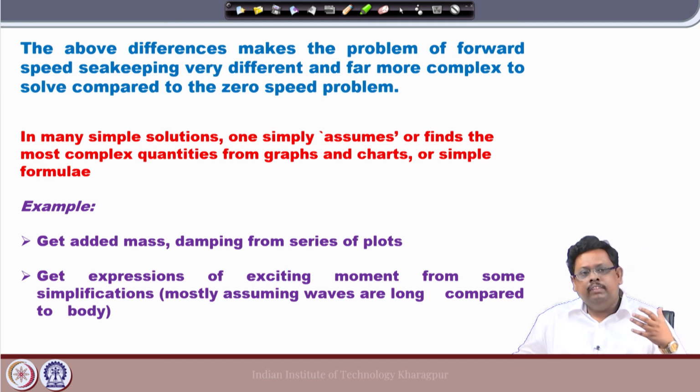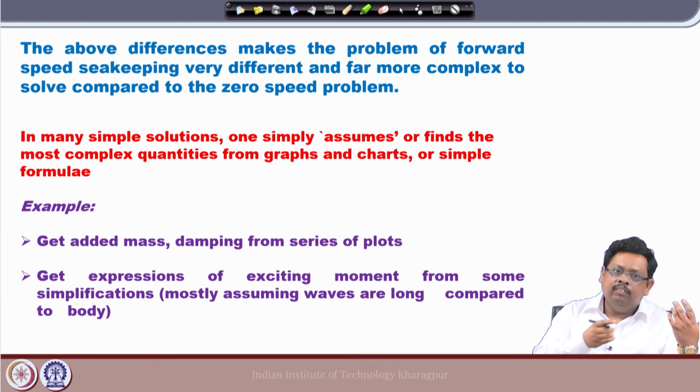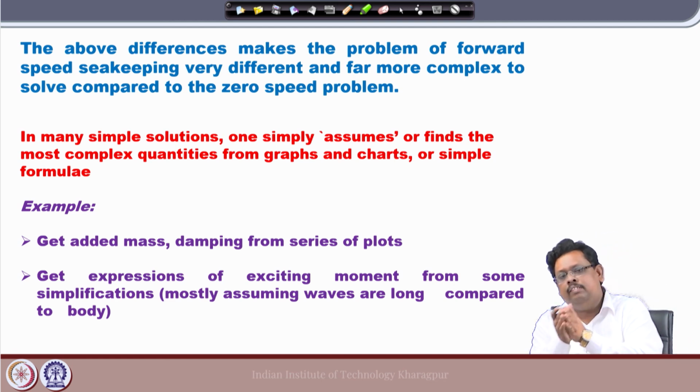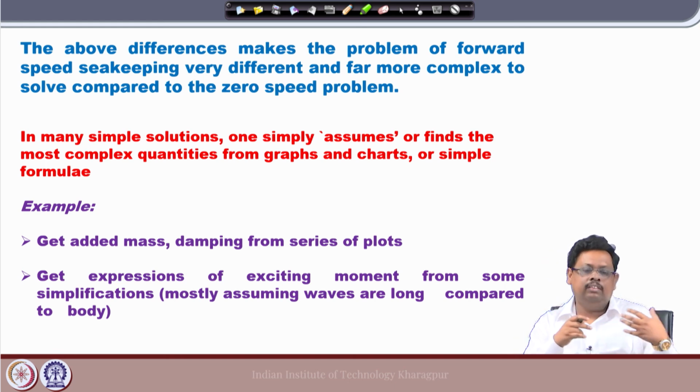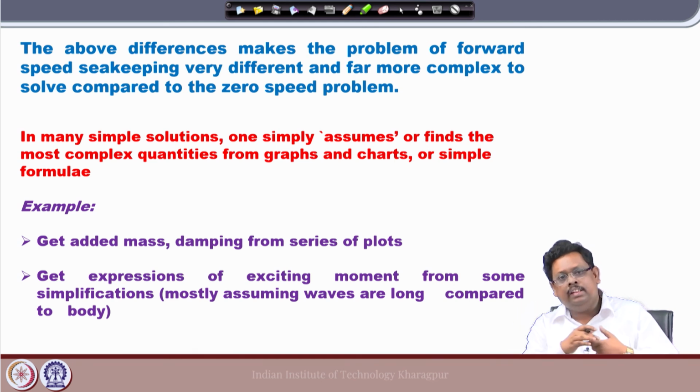The exciting force or exciting moment is also difficult, because it is not only the Froude-Krylov law; the diffraction force is also involved, and finding the diffraction force is not trivial if you try to solve it numerically. So people make a lot of simplifications to get the exciting force as well.